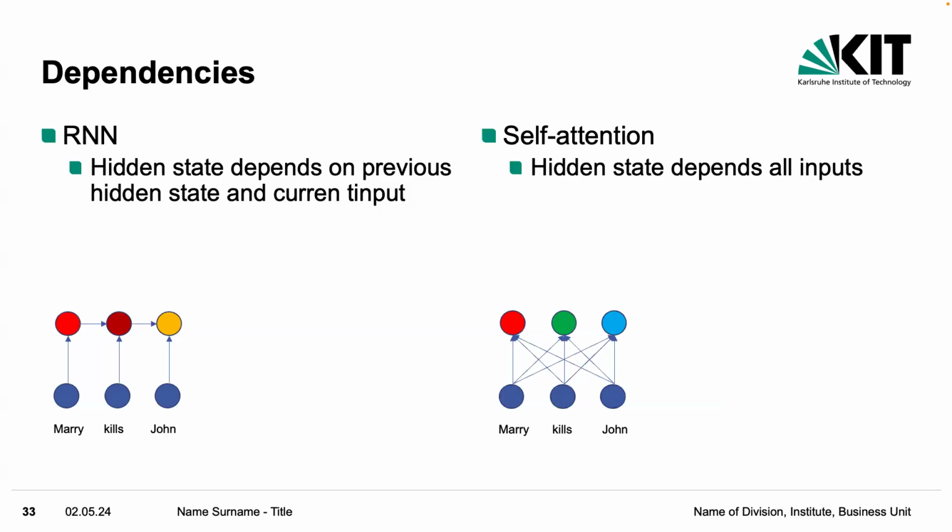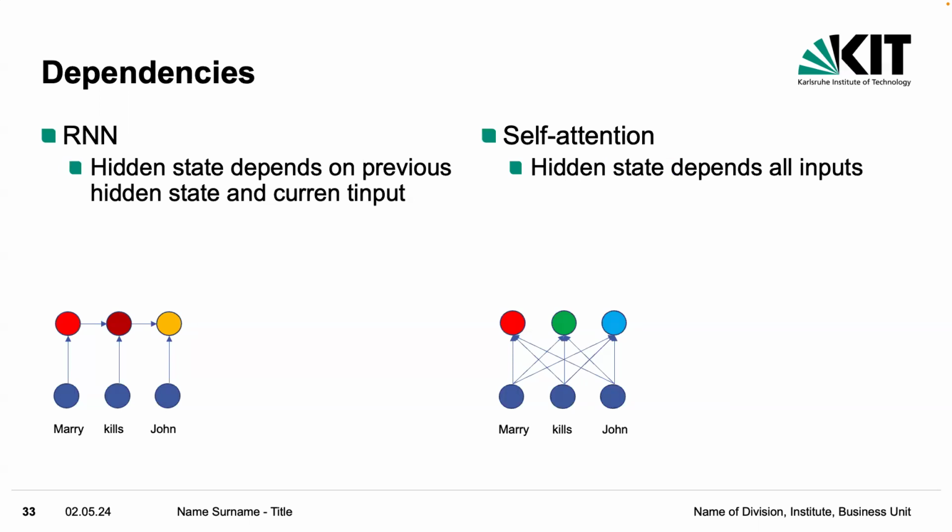The new hidden state always depends on all the other inputs, or we have no dependency between the hidden states themselves. So a hidden state only depends on the previous inputs, not on the others. So it's a bit more similar to a CNN in that way. That's also a big advantage, because that means here we can't do parallel processing, while here we can nicely do parallel processing.